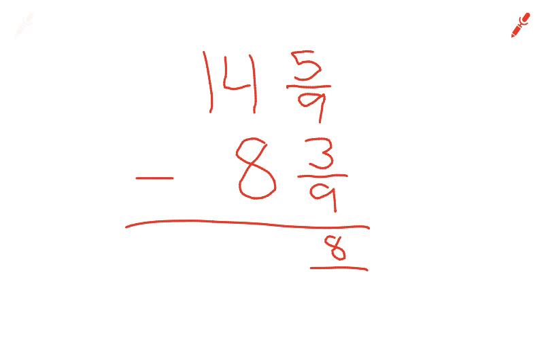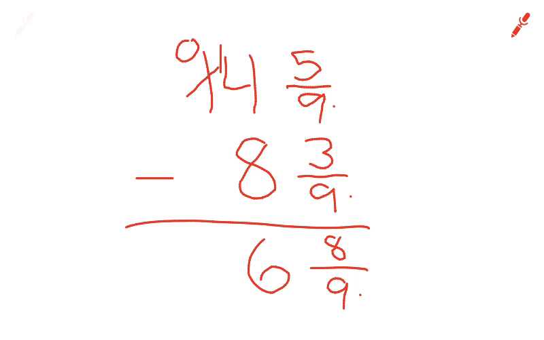And remember, our denominator will stay the same. We have the 9 and the 9, and we need to put a 9 there. 4 minus 8 we can't do, so we have to borrow from the tens place. We borrow 1, so it becomes 14. We took away the 1. I'm going to put a 0 there now. 14 minus 8 we can do, and we get 6.